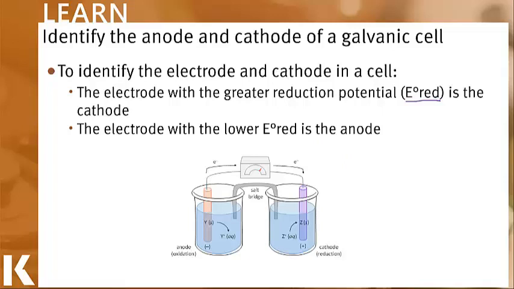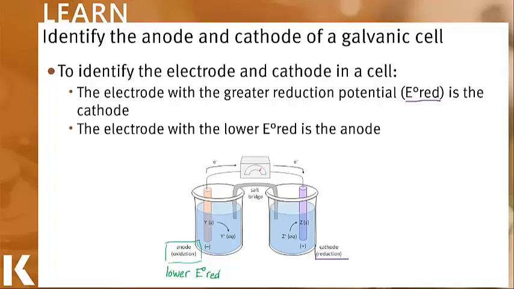So if we look at what we have in the picture below, what we see is the anode is on the left. This means that this has the lower reduction potential. And on the right, we have the cathode.